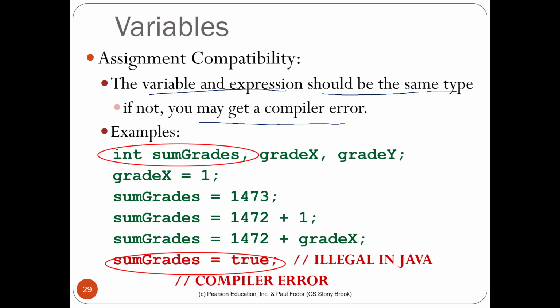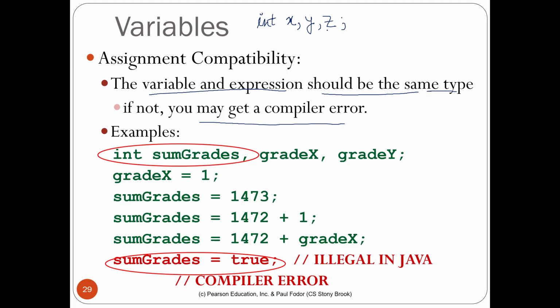So see, what do we have here? sumGrades is an integer, gradeX is an integer, gradeY is an integer. You might find this statement a little strange, but it is allowed. When you have to declare multiple variables of the same type, you can do it. If I have x, y, and z which are all integers, then I can do int x, comma y, comma z.